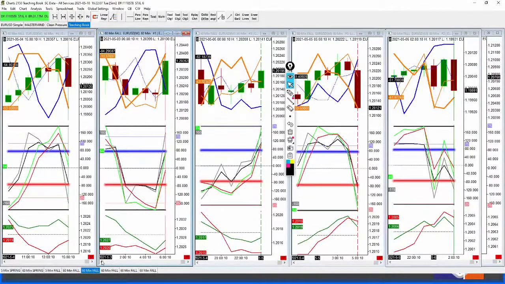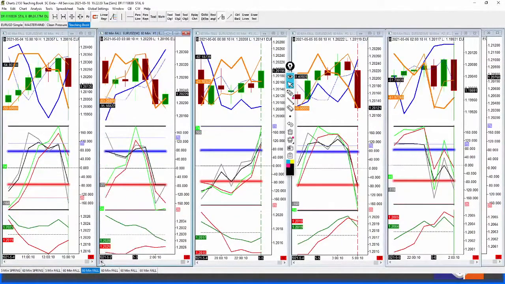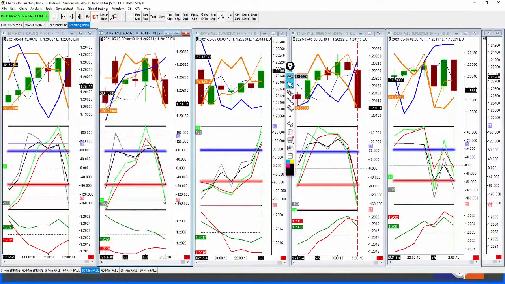Now, if we go back here, we can see that we actually had that positive convergence. And really, if we look at this, let's go back on this one as well, because we kind of had the same thing going on here, right? We have almost a hiccup pattern right there, after becoming oversold.